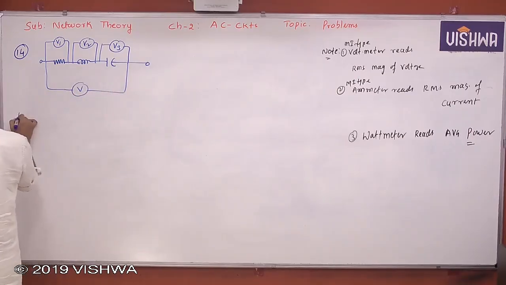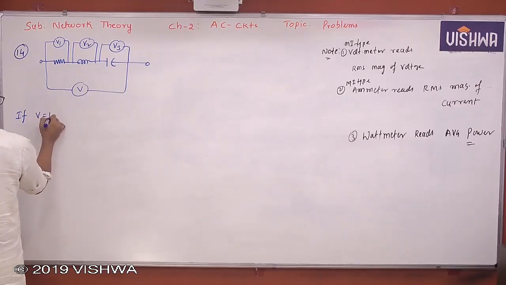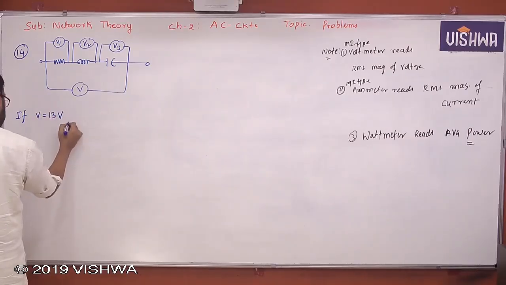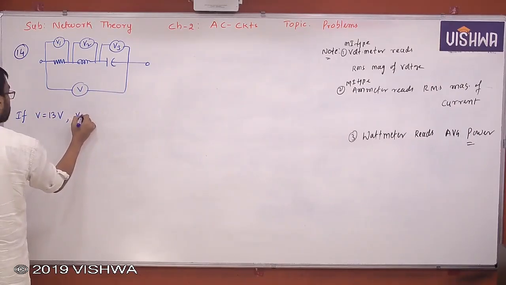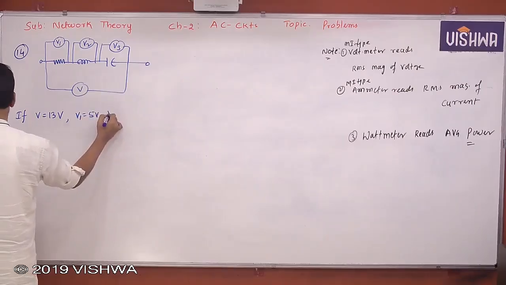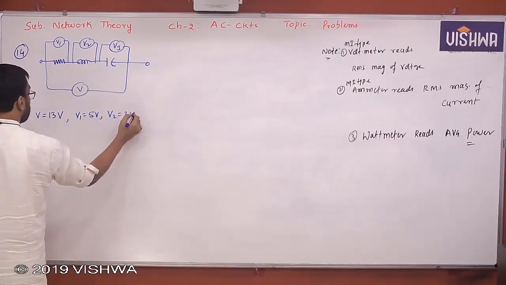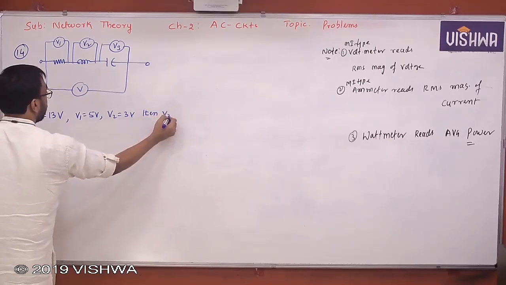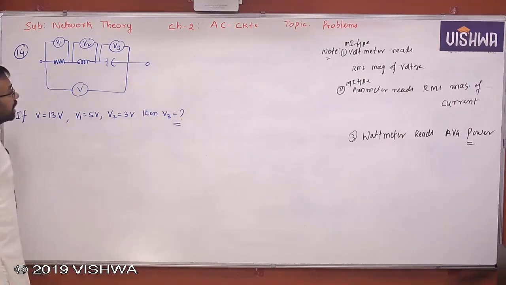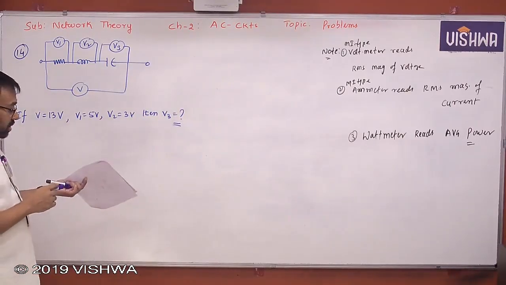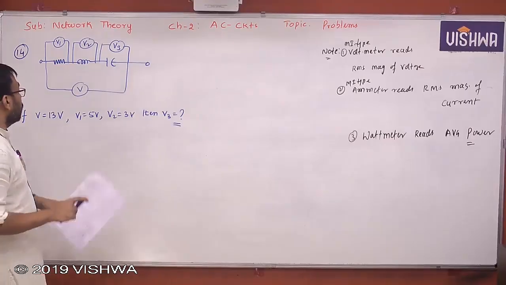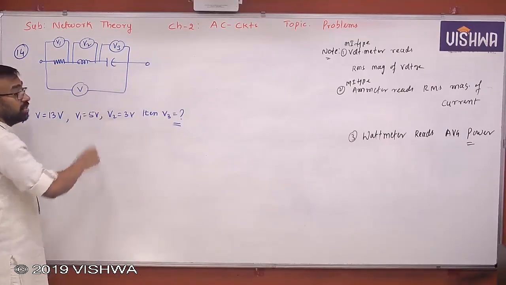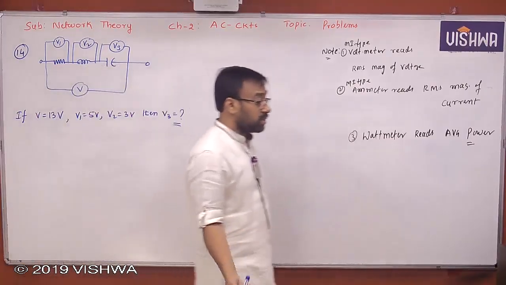What is given here? V is equal to 13 volts, V1 is equal to 5 volts, V2 is equal to 3 volts, then what is V3? Sometimes he will also ask, for the given voltmeter readings, how the circuit is behaving, whether it is inductive or capacitive or resistive.